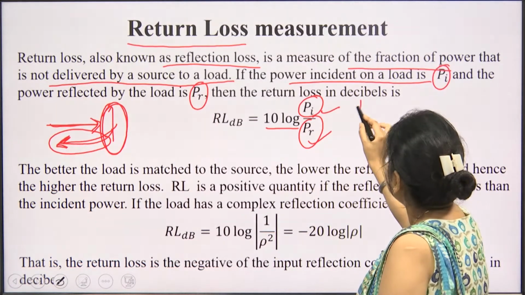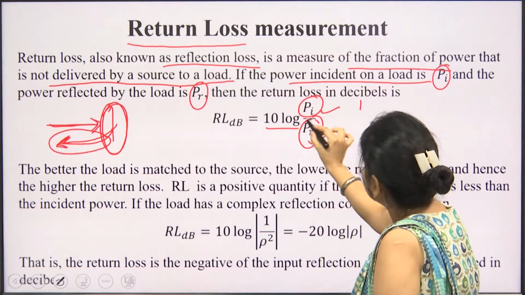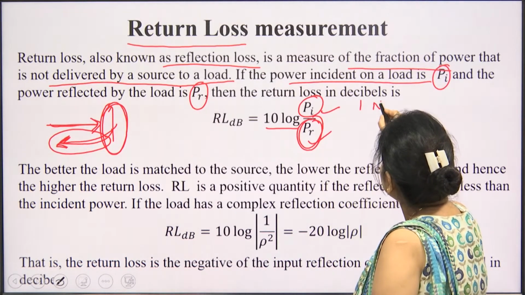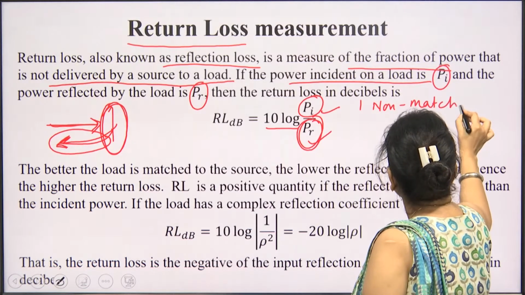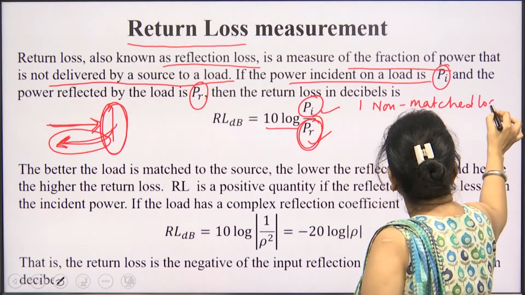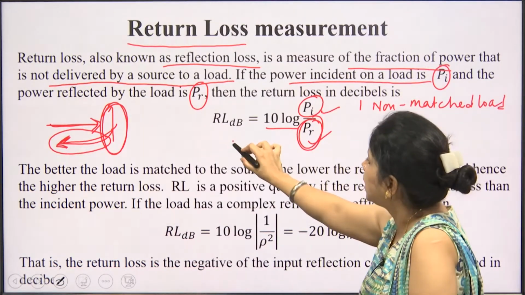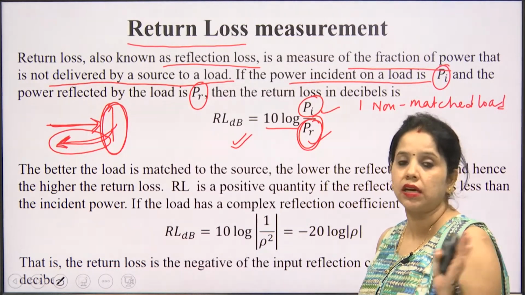Already we have discussed previously that this returning of power occurs in the case of a non-matched load, and it basically tells us how much matching is between the source and the load.